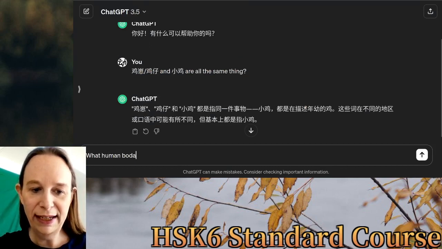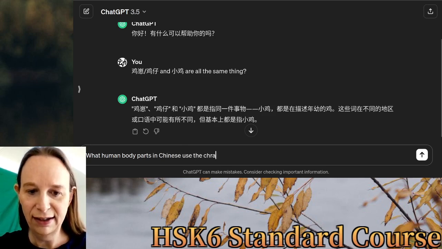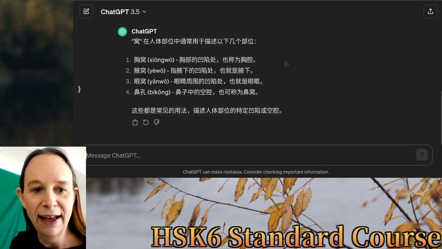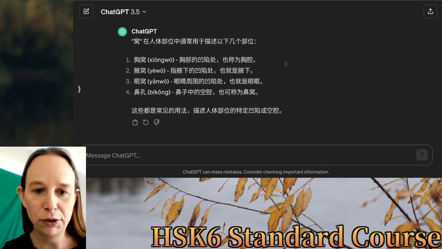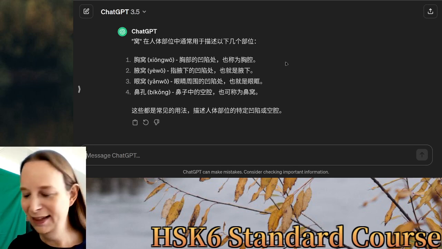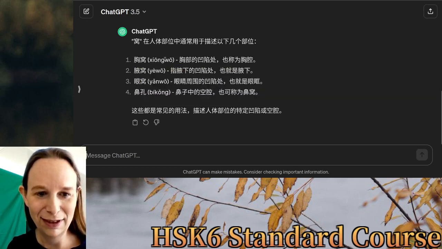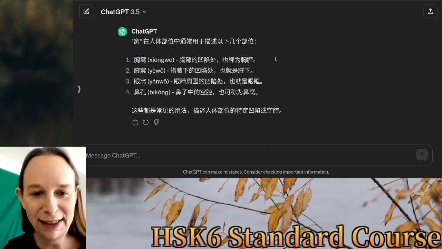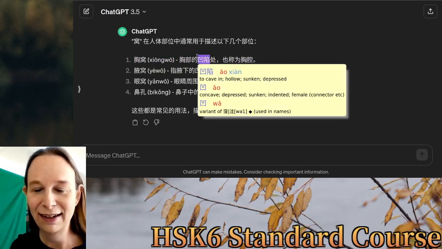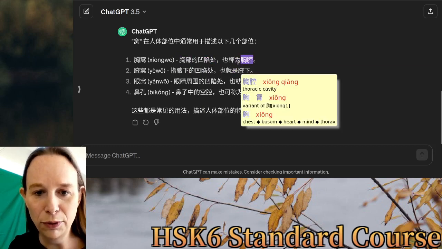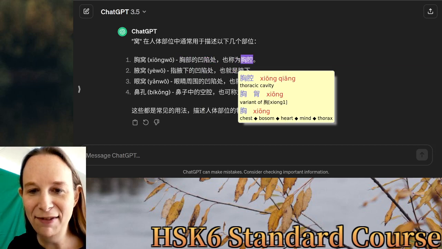What human body parts in Chinese use the character 窝? 窝在人体部位中通常用于描述以下几个部位。胸窝 is like the dimple in your chest, the pit of your chest. 胸部的凹陷处, this is the concave part of your chest. 也称为胸腔, thoracic cavity.